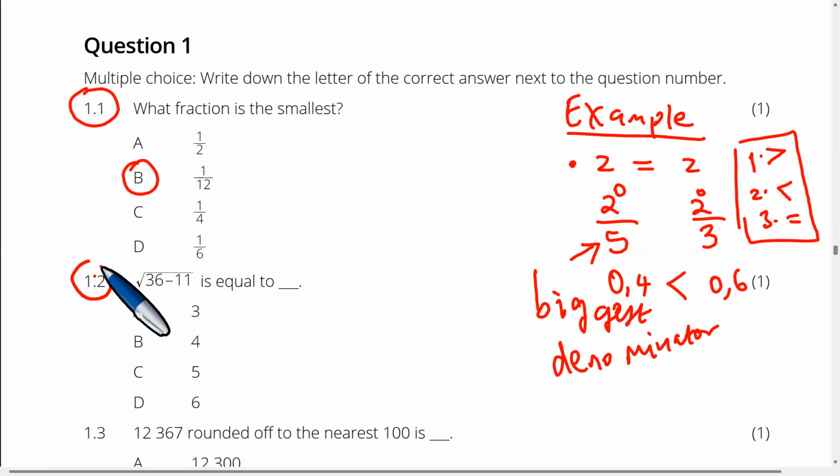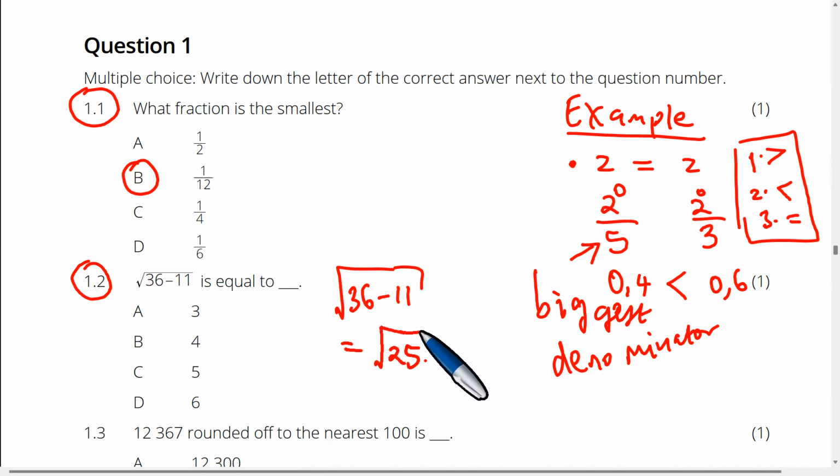If you look at 1.2, you have this question. What do you think the answer is to 1.2? Is it equal to 5? Yes, it is equal to 5. Correct. Because you have 36 minus 11. What is 36 minus 11? It's 25. Do you agree?